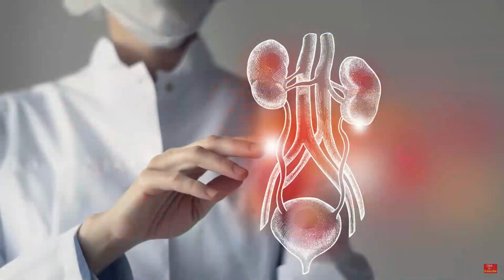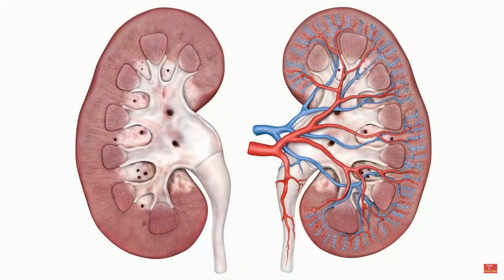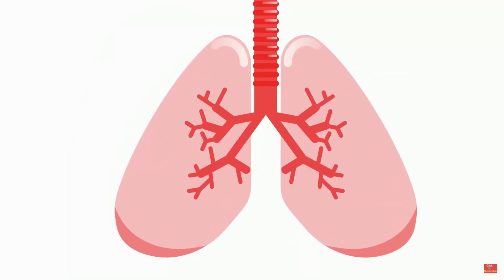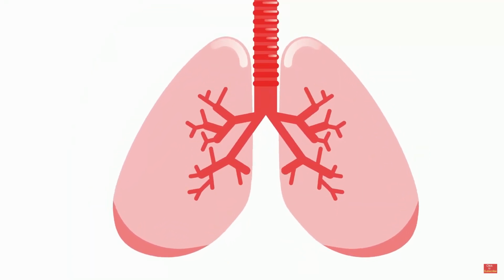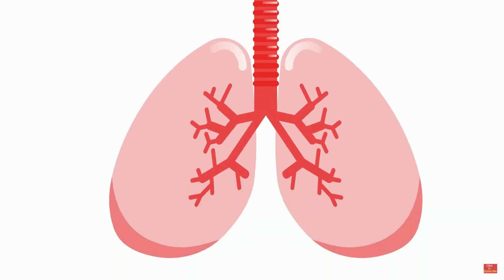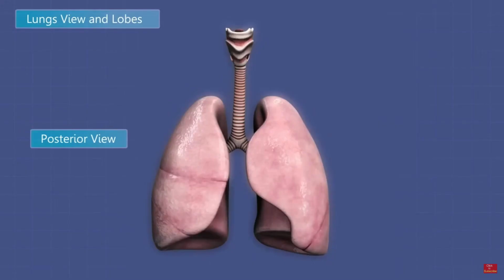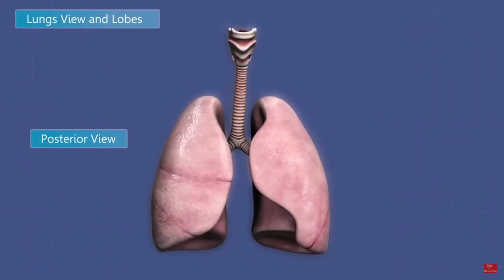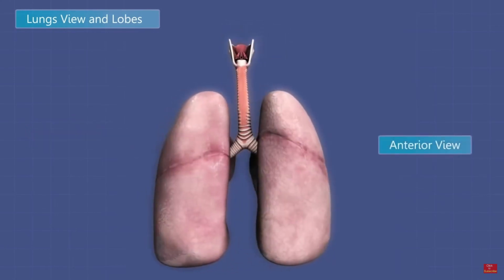The urinary system filters blood through the kidneys, where it works to filter out waste and produces urine. The function of the respiratory system is to exchange oxygen and carbon dioxide between the atmosphere and the blood. The lungs are a major organ of this system. The digestive system breaks down food so nutrients can be absorbed by the body.